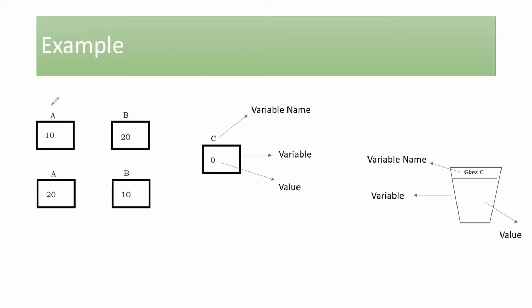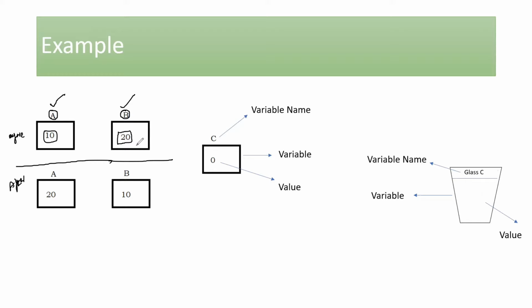Instead of glass A, I have a box with the name A and another box with the name B. In box A, I have the number 10, and in box B, I have the number 20. Just like in the previous example, I would like to interchange the values between these two boxes. This is my before state, and this is my after state. This is what I wanted to achieve.